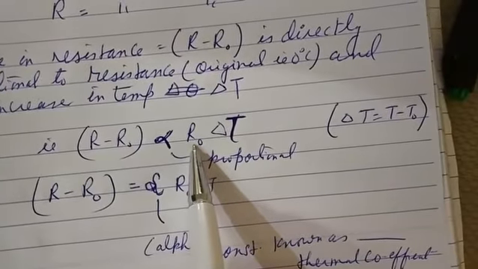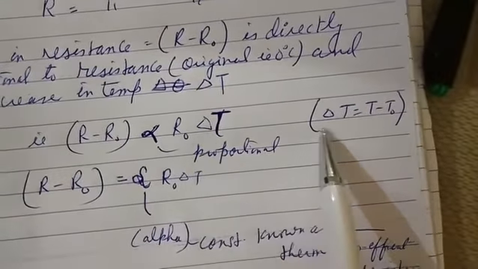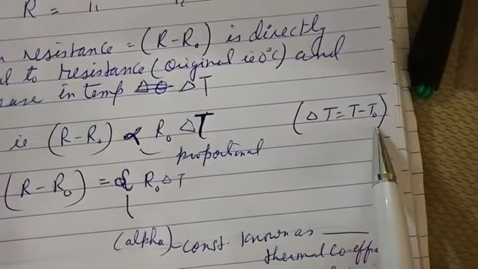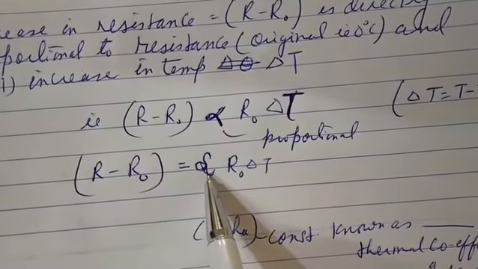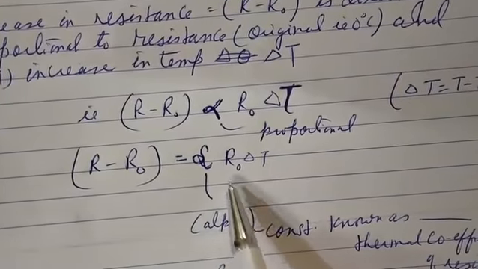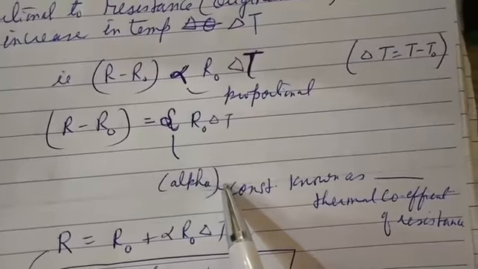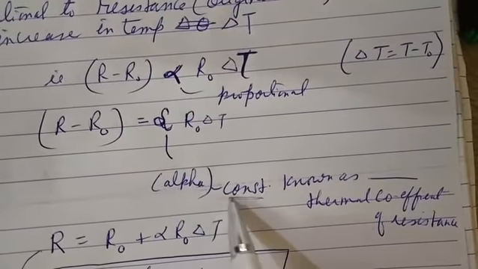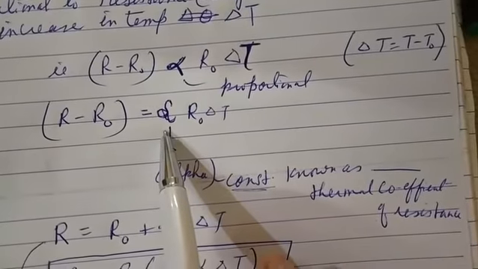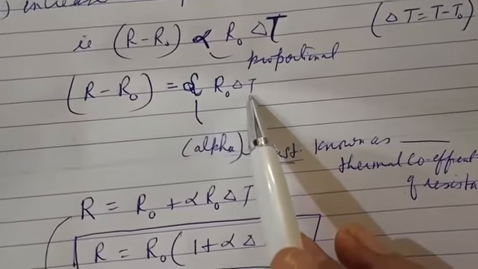The original resistance R0 and increase in temperature, delta T, means T minus T0. So when we remove the proportionality sign, we have to put the constant, and this is alpha. And this constant alpha is known as the thermal coefficient of resistance. R minus R0 equals alpha R0 delta T.